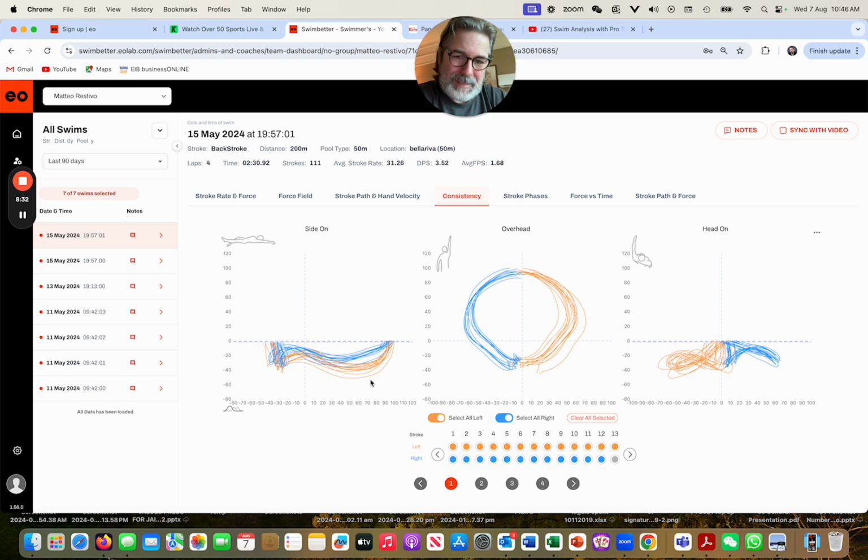So again, I am surprised that there is this differential between left and right. The reason I'm surprised is that it's not unusual to see it on freestylers, for the simple reason that there's breathing involved. And the very best freestylers, don't get me wrong, rotate their head minimally so that they've just got the corner of their mouth sticking above the water. It's all about how I keep my shoulders and body stable, as opposed to everything rotating around as I'm breathing.